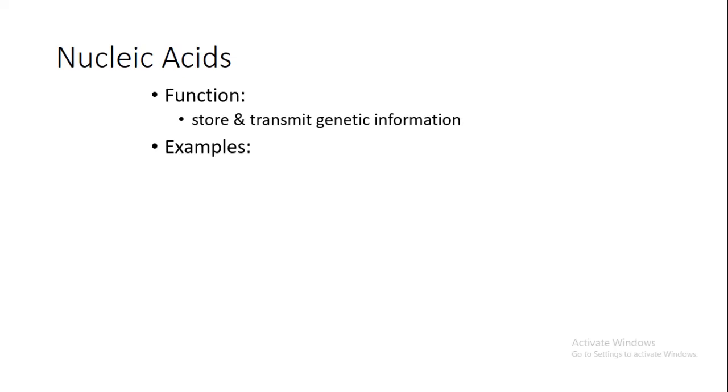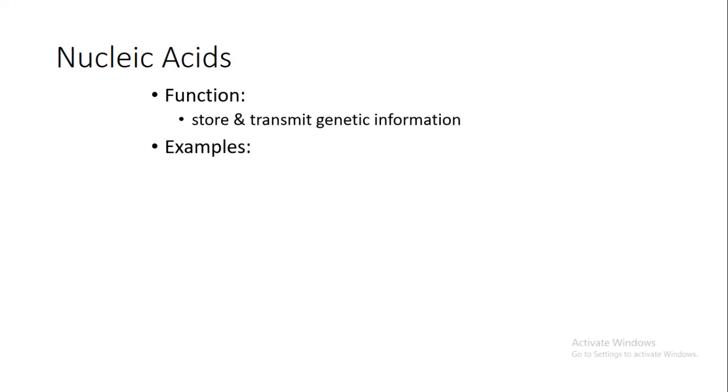So all that helps us to understand that when you talk of nucleic acid, we're just talking about a compound which stores what? Genetic information. And because this compound stores the genetic information, it helps to transmit the genetic information from the parent to the what?